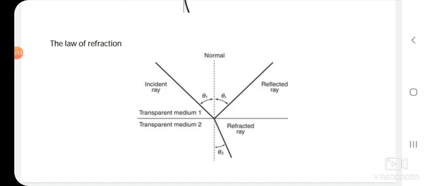For example, a well-known example is water. The refractive index of water is 1.333, and the refractive index of glass can vary from 1.5 to 1.62 depending upon the composition of that glass.